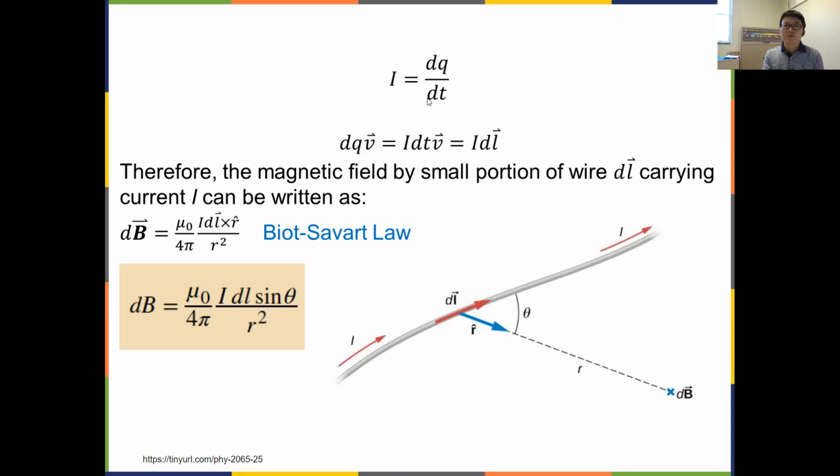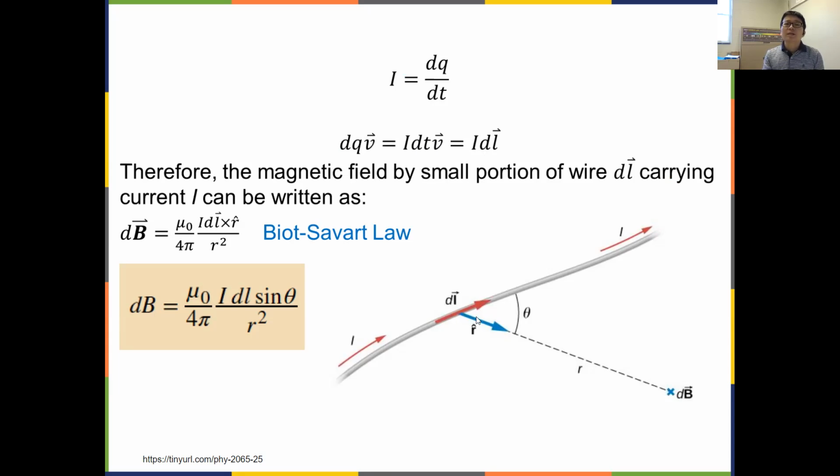Then dq will be I times dt, and if you multiply both sides by v, the velocity, dt times v, velocity times time, will be dl. So I times dl will be dq times v in this small portion of the wire.